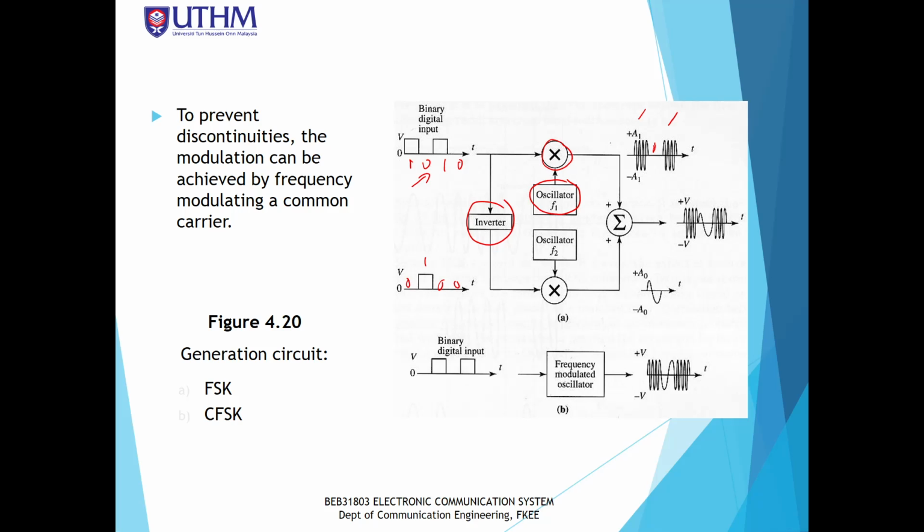Okay, masuk ke dalam multiplier, darabkan dengan second frequency oscillator. Dalam example ini, F2 mempunyai frekuensi yang rendah, lebih rendah daripada F1. Okay, dalam example ini F1 lebih besar daripada F2.